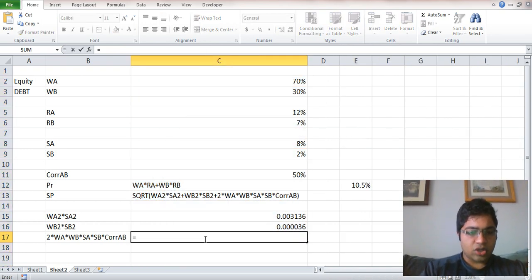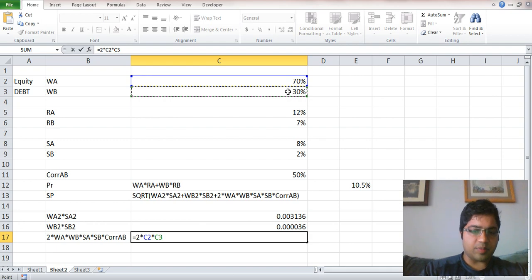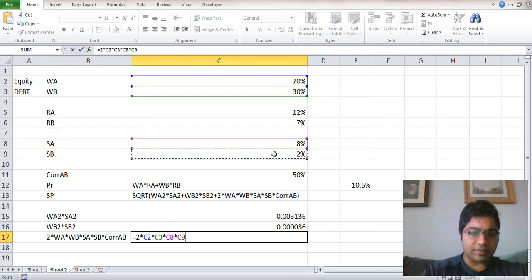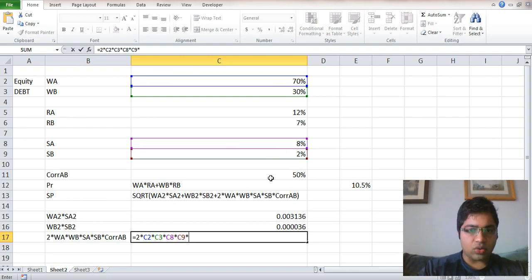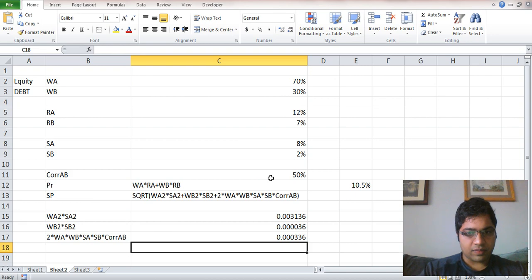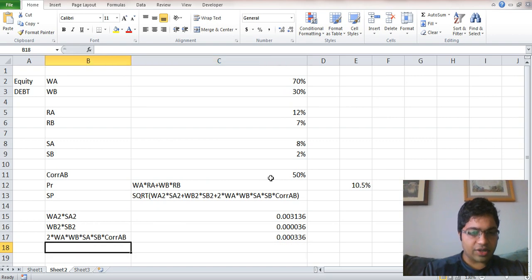Next is 2 multiplied by weight of asset A, weight of asset B, standard deviation A, standard deviation B into correlation AB. Next is add them up. So I'll write down here, add all 3.